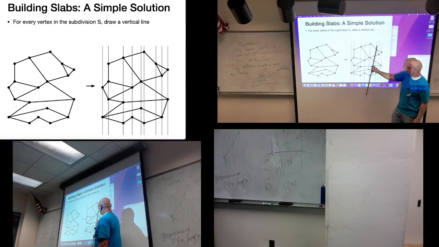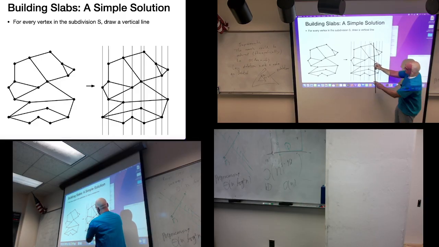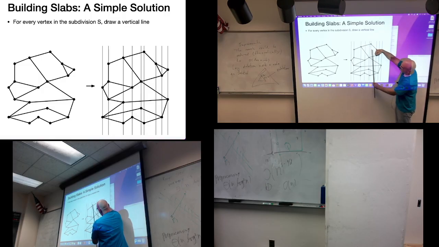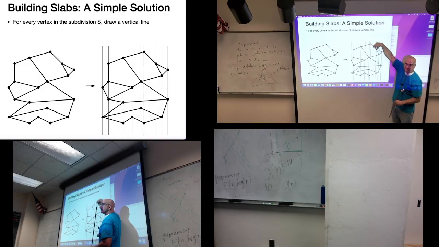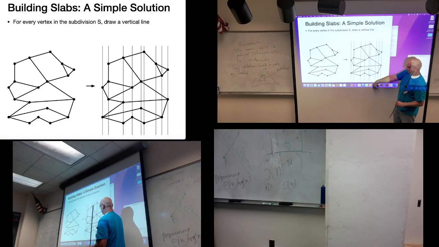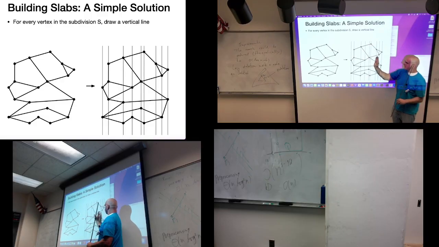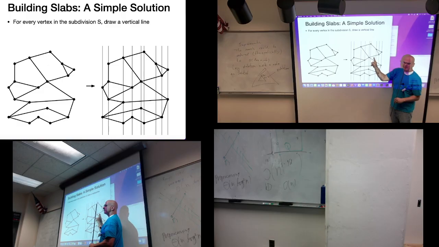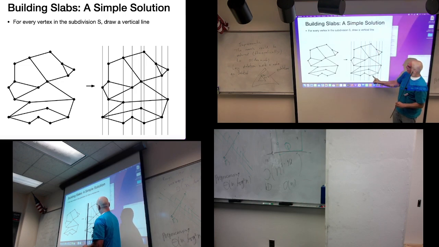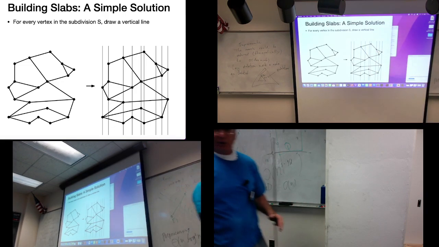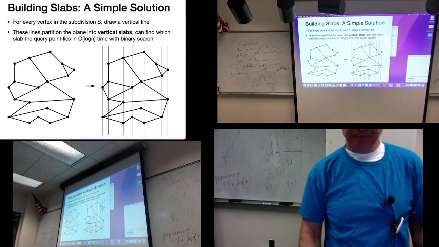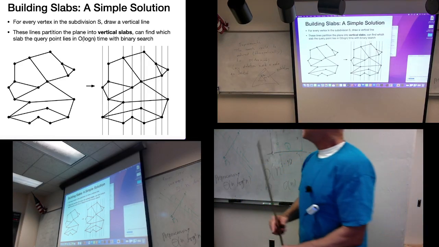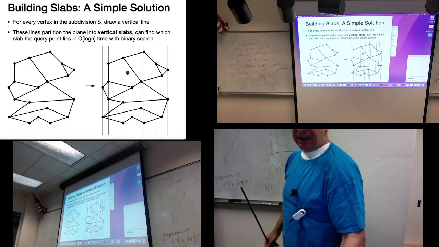I don't miss any of the vertices, which implies that I subdivided the plane into slabs, into infinite strips. And inside the interior of the strip, there are no vertices. And remember, my segments don't cross. That implies that inside a slab, the order between the segments is the same. The order of the segments inside a slab is the same.